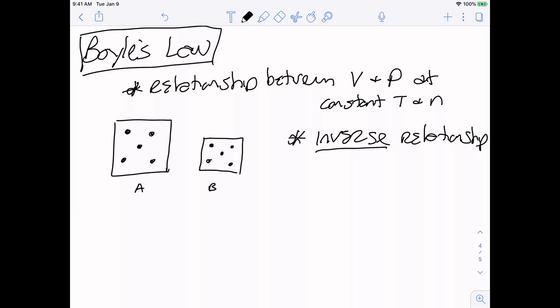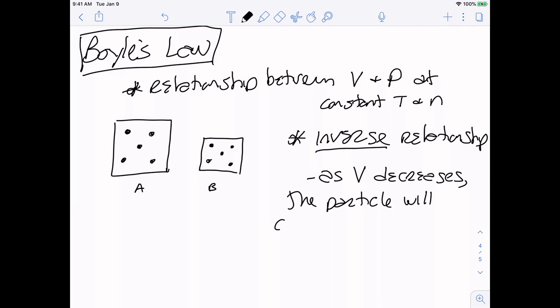As volume decreases, the particles will collide more. And this is, of course, keeping amount constant.